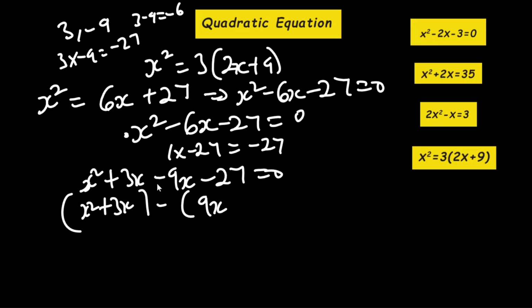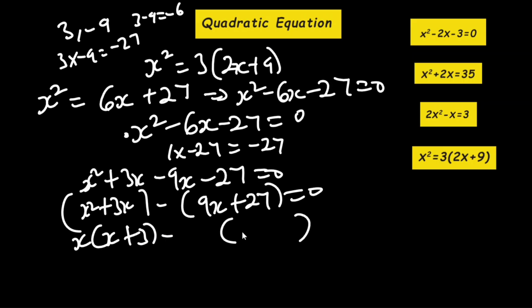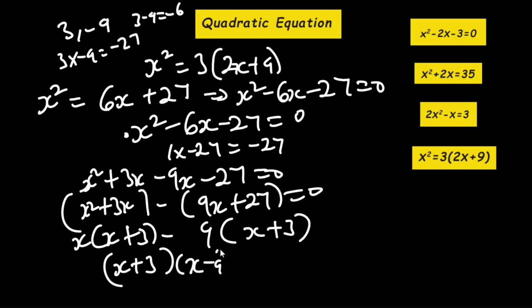Now, because whenever we have negative sign over here, always change the operation in front of the constant. So here is going to be positive 27 is equal to 0. Let's factorize x out. So x plus 3. Let's write x plus 3 here again. So here we have x plus 3 and then x minus 9 is equal to 0.